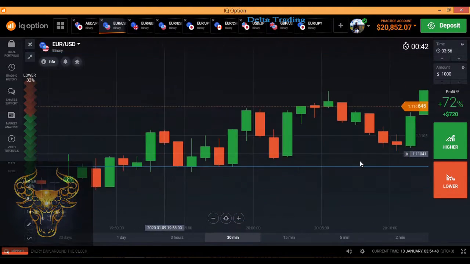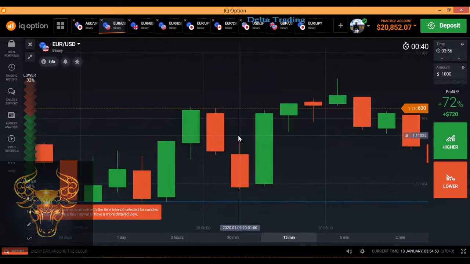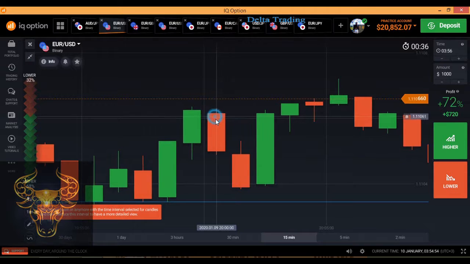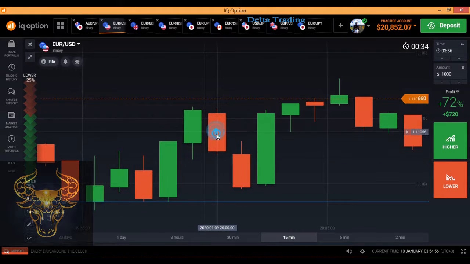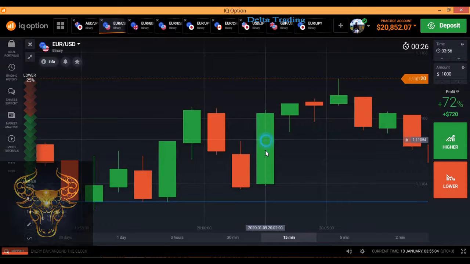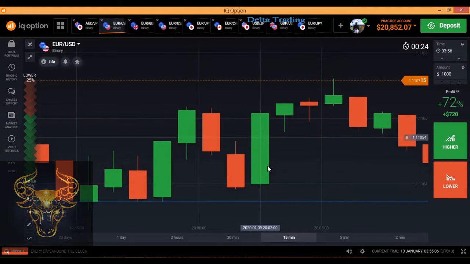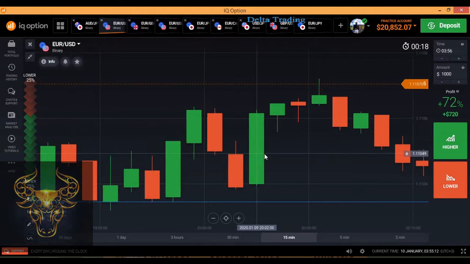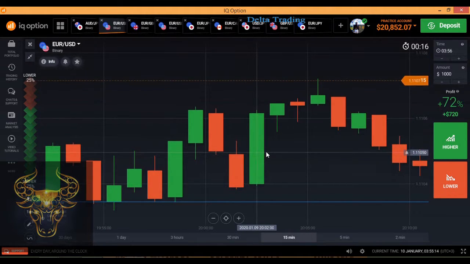If there are many sellers, it looks like this. Sellers, there are so many, so they will create a beautiful candle like this, with a big body and small wicks. This is how we can identify volume.